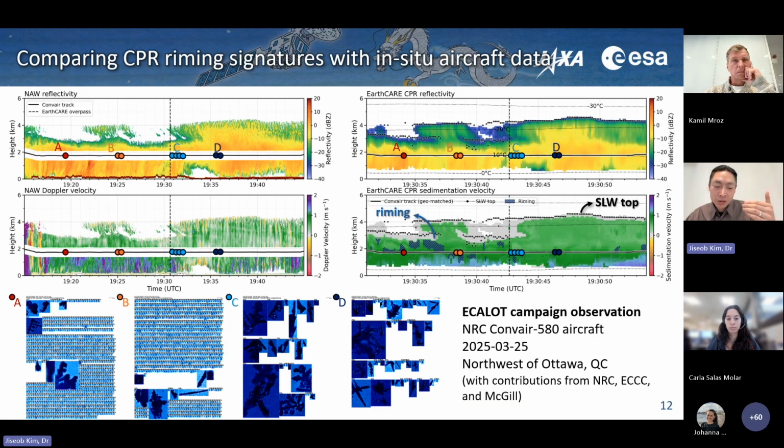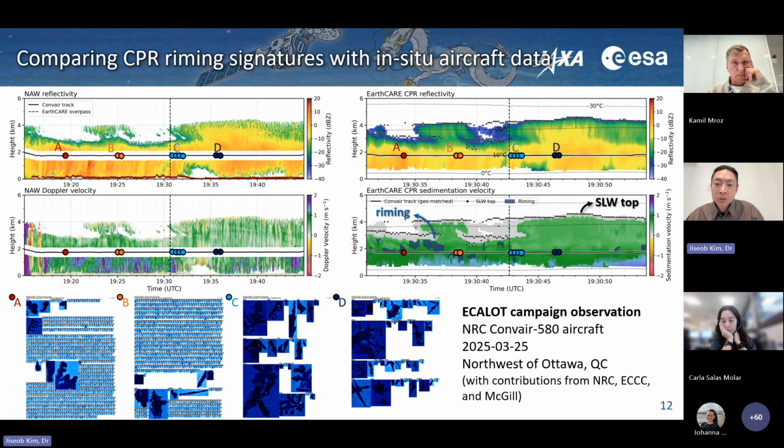But of course, the best way to check whether this is really riming is to compare it with aircraft in situ observations. During a campaign, the NRC Convair 580 aircraft observed the mixed phase cloud in Quebec at the same time as EarthCARE.